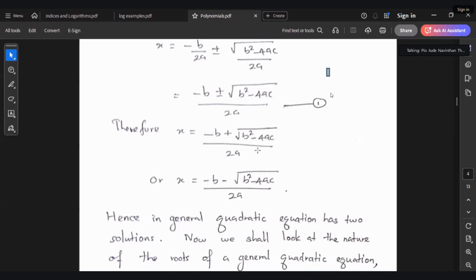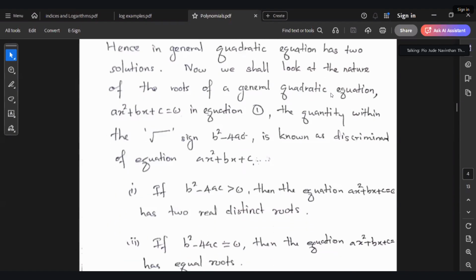Normally we say solutions or roots. So if there are three cases, how is it possible to tell? We can just check b square minus 4ac.